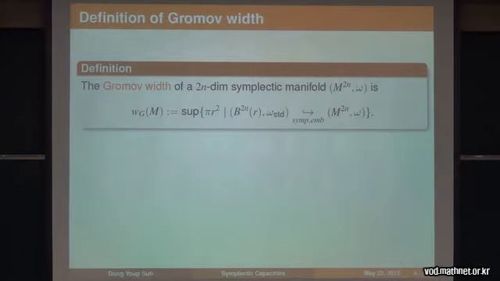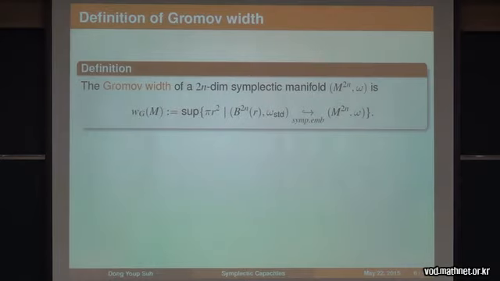we define the Gromov width. This is one of the symplectic capacities. So one of them is called Gromov width. The Gromov width of a 2n-dimensional symplectic manifold M, I will just say Gromov width of M, is the supremum of πr², where the r-ball with the standard symplectic form can be symplectically embedded in M^2n.